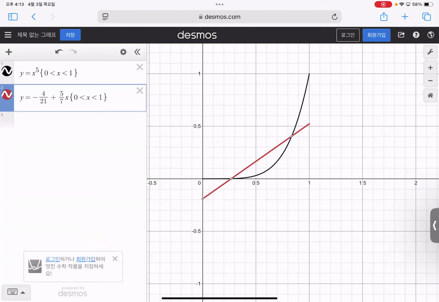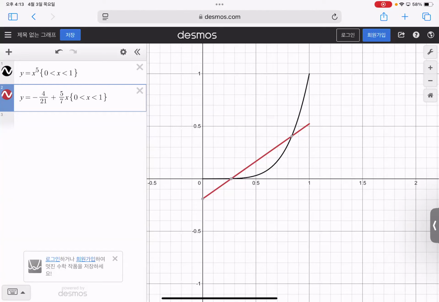The first one, the black one, represents the function y equals x to the 5th from 0 to 1. And the red line is the line that we have just found, the linear polynomial from -1 to 1. And as you can see from this picture, you can easily imagine the area enclosed by these two graphs.